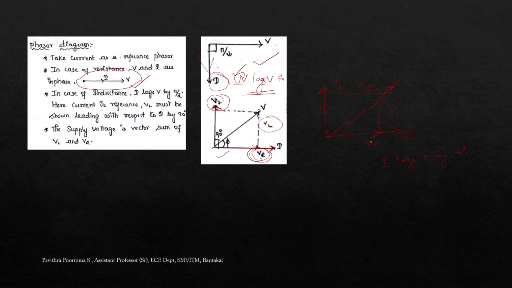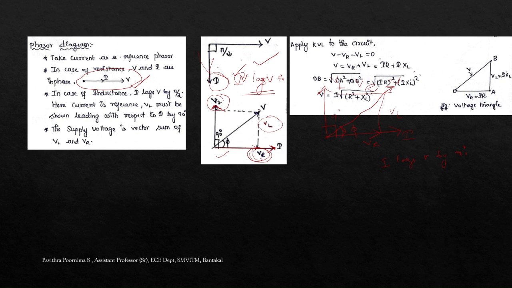This gives you one triangle here. What is the phase difference? The phase difference here is 90 degrees. And what is the phase here? The phase difference we are considering as phi. Means the current lags the voltage by the angle phi.